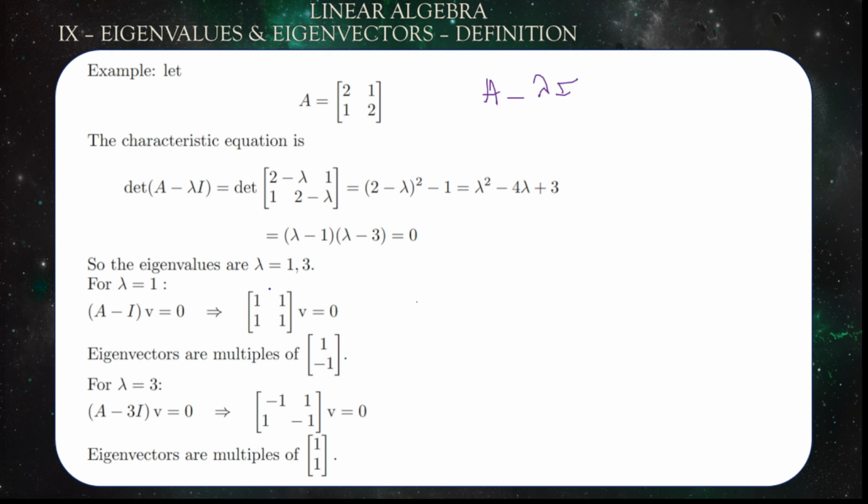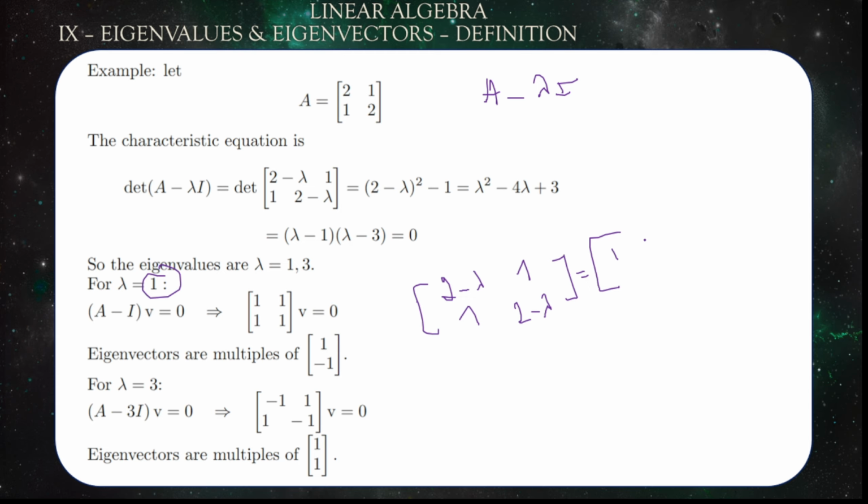So for lambda equal 1, let's check what we get. You have the matrix 2 minus lambda, 1, 1, 2 minus lambda, which is A minus lambda I, correct? Lambda is 1 in this case.